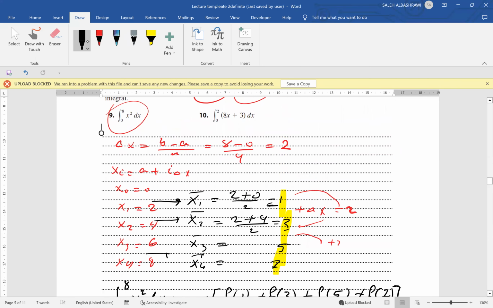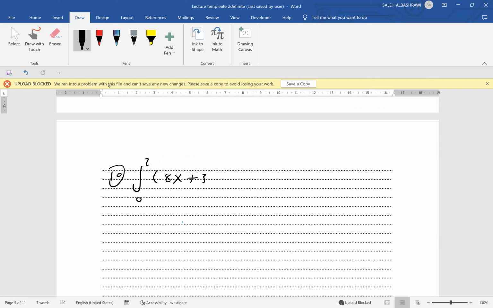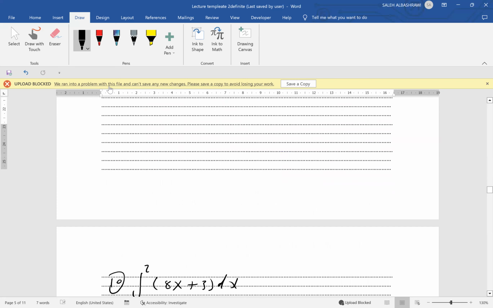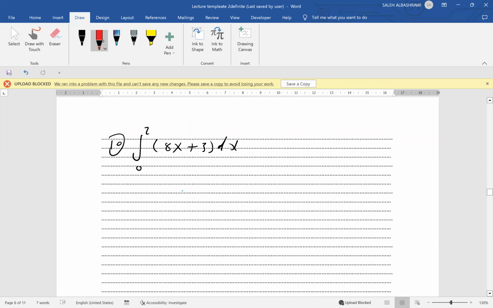So this is approximating the definite integral using the midpoint rule. For the second one, question number 10, I have the integral from 0 to 2 of 8x plus 3 dx. In the first step, I need to find delta x. Delta x is equal to 2 minus 0 divided by 4, which is equal to 1/2.